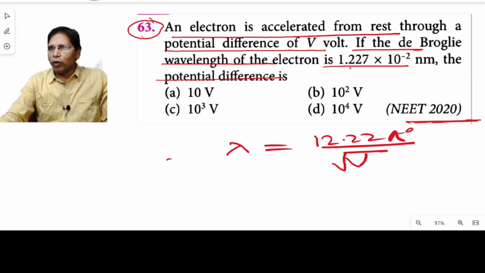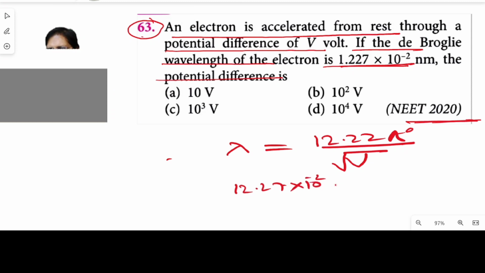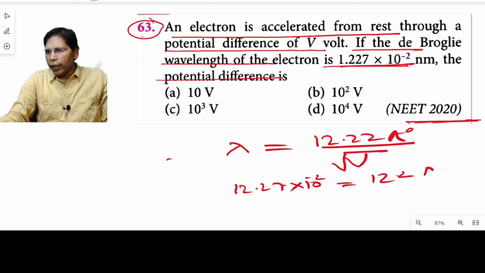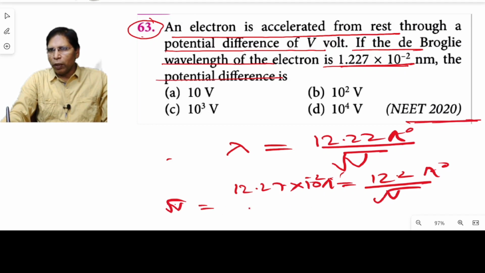Now this is in nanometer, so lambda equals 12.27 into 10 to the power minus 2 angstrom equals 12.22 angstrom by root over V. So root over V equals 100. Therefore V equals 10 to the power 4. This is correct.